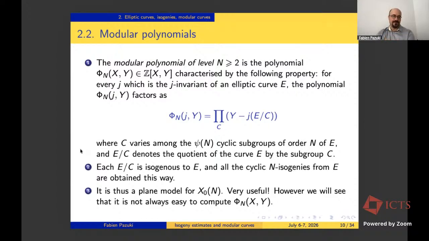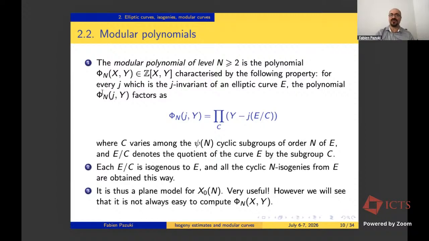In fact, if you do so, you realize that the object you obtain is encoding precisely what you want. So it looks like we've solved our problem in a way. If such a polynomial exists, really, we have a plane model for the modular curve. Why is that?